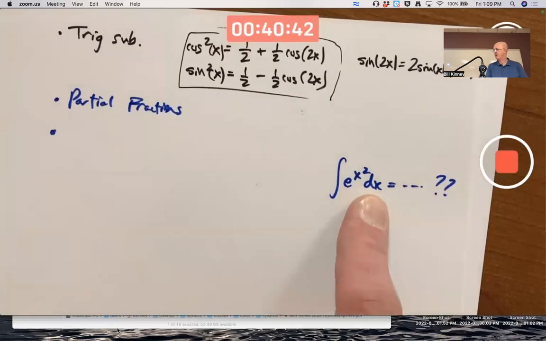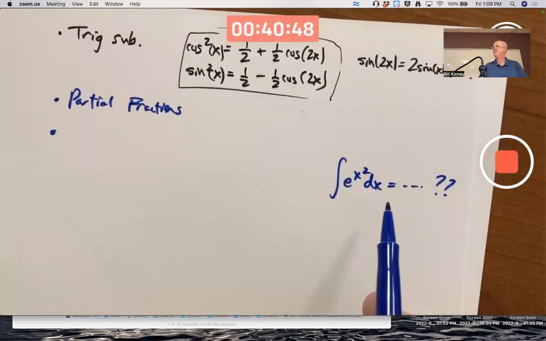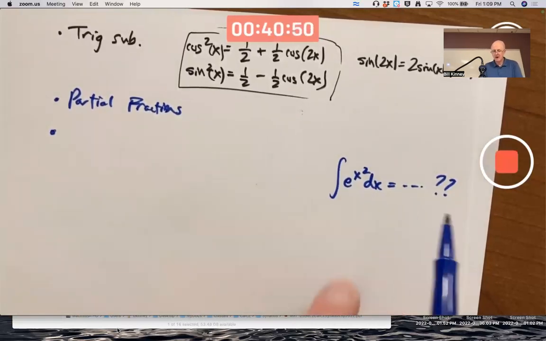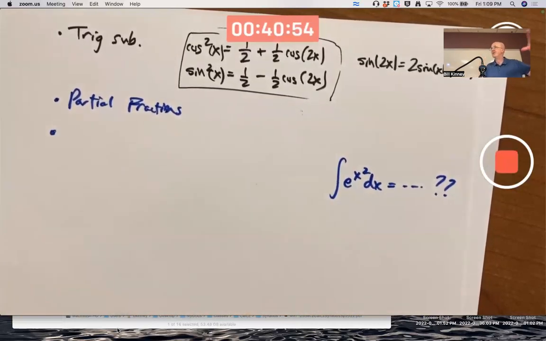I think this one probably involves erf. Doesn't mean it can't be done in other ways. You could represent this function as an infinite series and integrate term by term and write the answer as an infinite series. That's okay. It's not a finite combination of elementary functions, though.